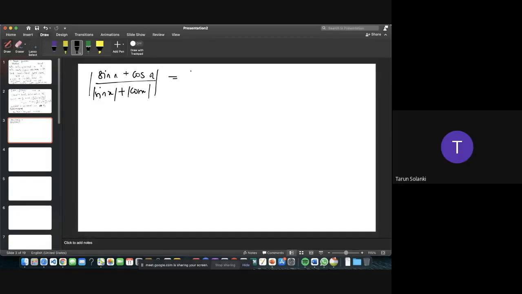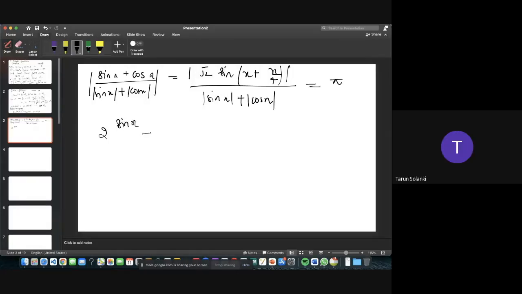So it becomes under root 2 sine of x plus pi by 4 divided by mod sin x plus mod of cos x. So for this it becomes pi. Next we have 2 to the power sin x plus 2 to the power cos x.